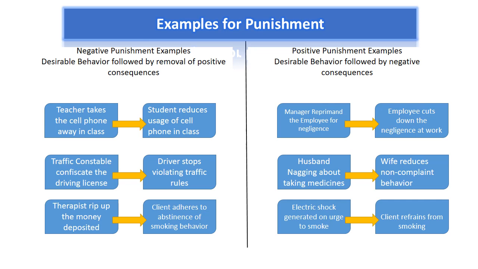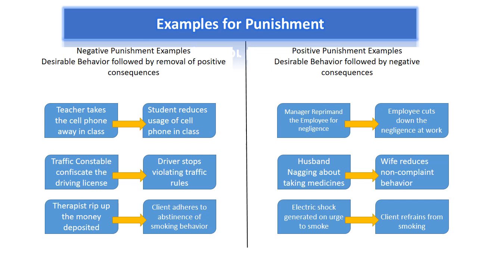Similarly, in a clinical setup, there is a client who has deposited some amount of money as a contract with the therapist, and the client is enrolled in a smoking cessation program.